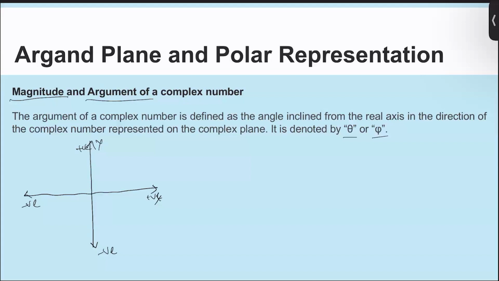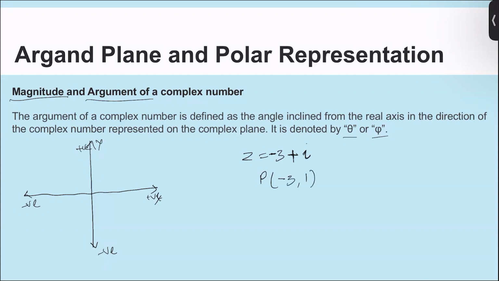Okay, so suppose you are given the complex number 3 minus i. Or let's take an easier example: minus 3 plus i. Over here you can plot the point minus 3 comma 1.